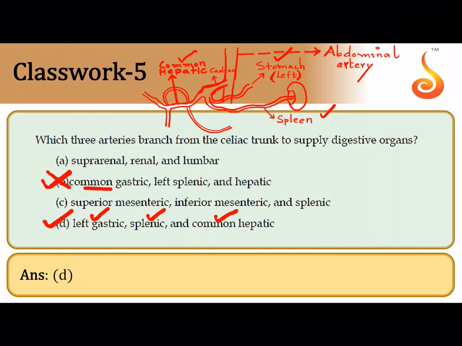Remember, this is the person whose stomach you are looking at, so this is this person's left and this is this person's right. It is not the observer's left and right, it is the subject's. So the left gastric, the splenic and the common hepatic branches originate from the celiac artery.